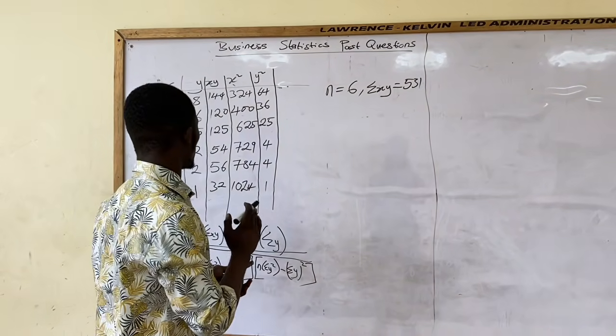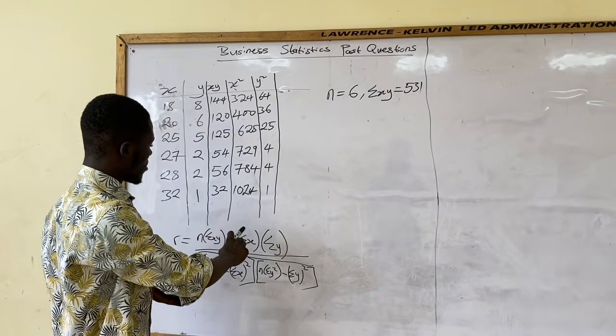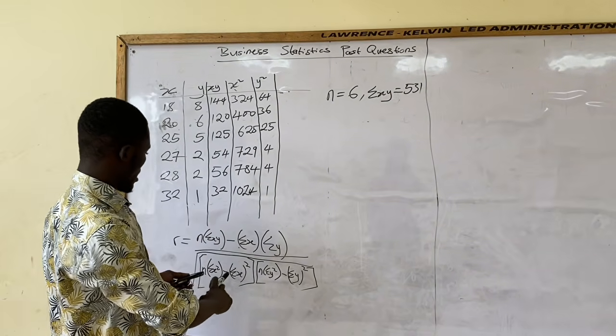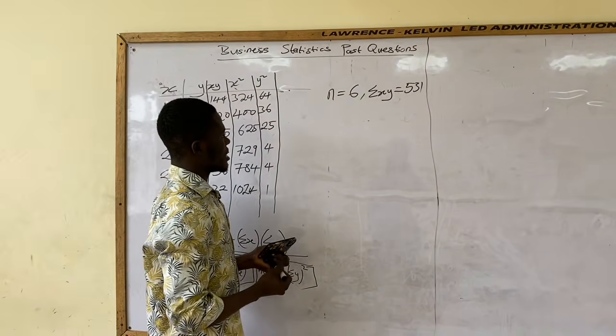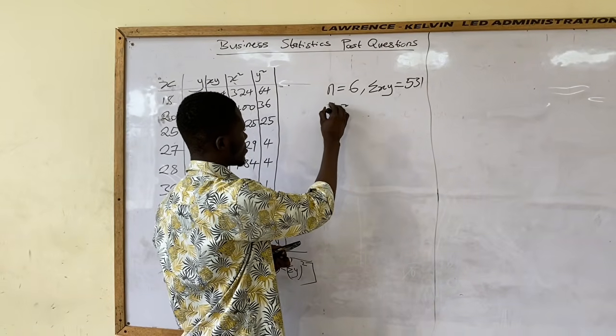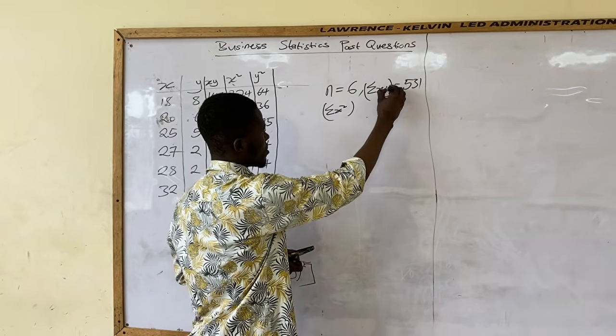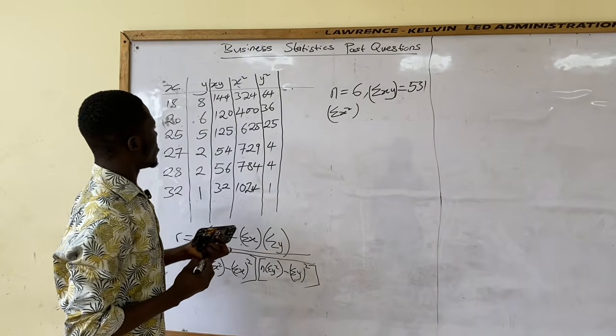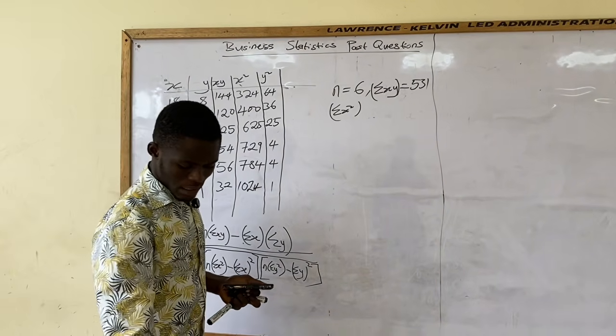Now let's continue by looking for sigma s squared. Let's sum the whole of sigma s squared and see what we will get.